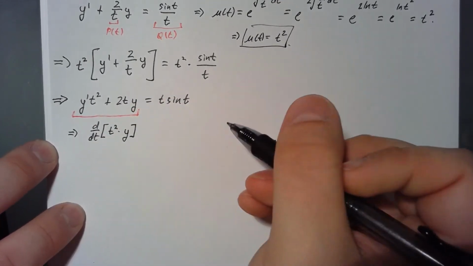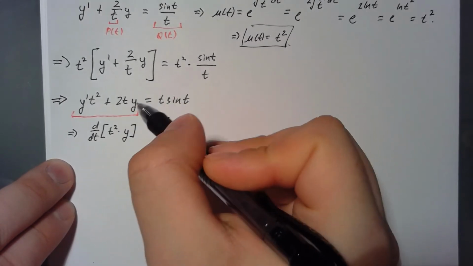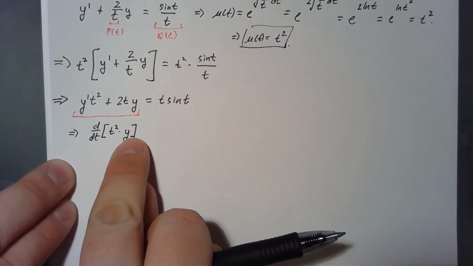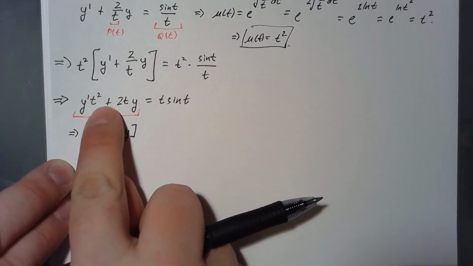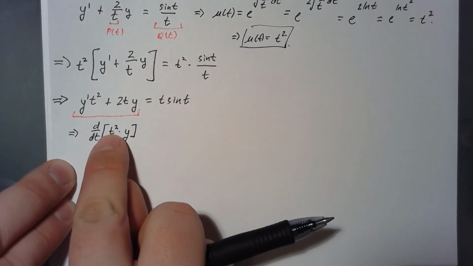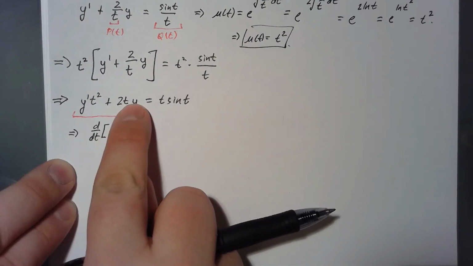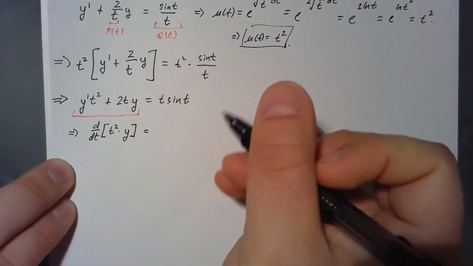And if you're not convinced, go through it. High d low plus low d high. You should get this. High d low. There it is. The d low is y prime. Plus low times d high. Well, the derivative of high is 2t. There it is. Bada bing. Beautiful.